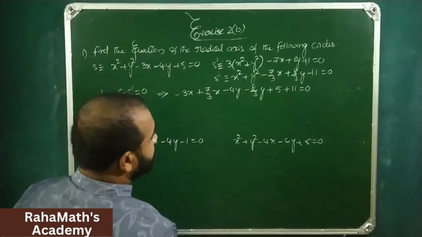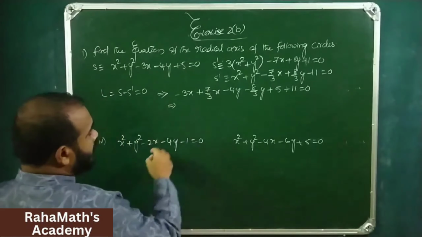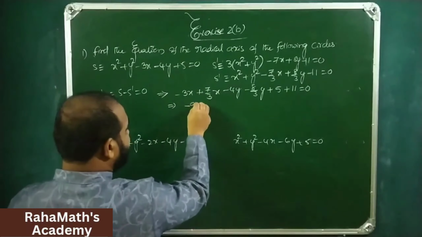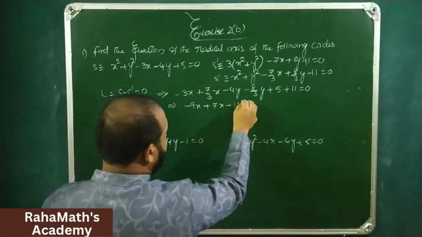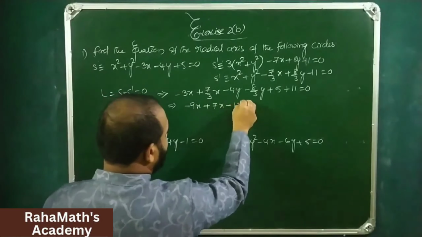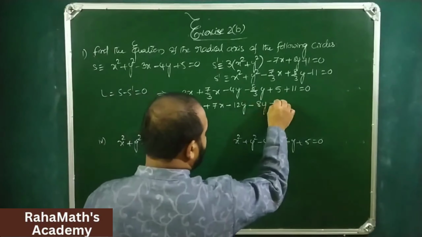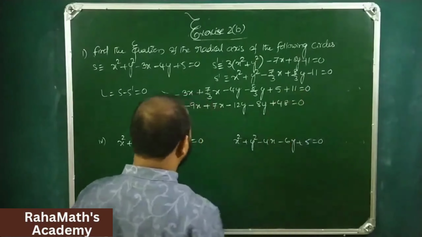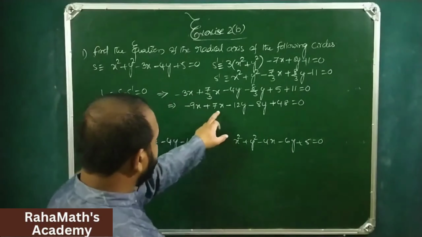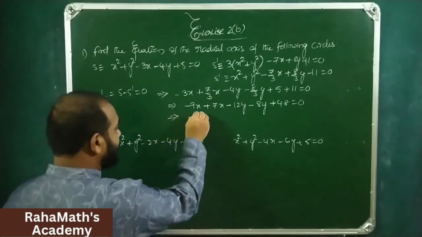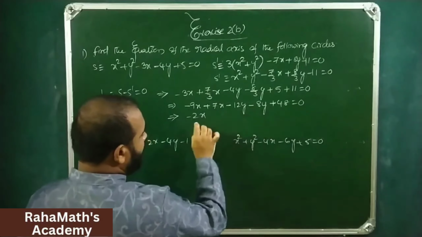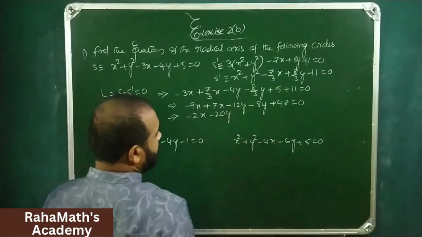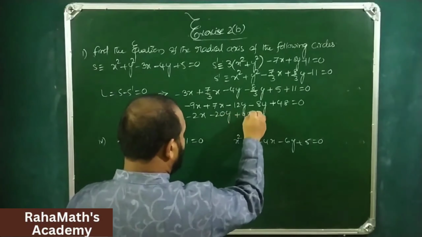This implies 3 3s are minus 9x plus 7x, 3 4s are 12y minus 8y, 5 plus 11, 16 3s 48 equals 0. Minus 9x plus 7x is minus 2x. Minus 12y minus 8y is minus 20y plus 48 equals 0.